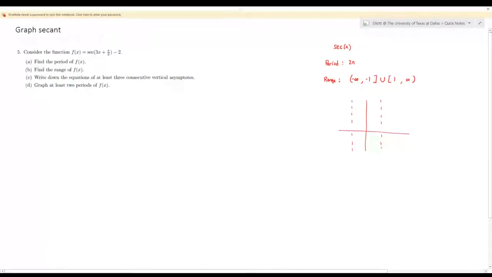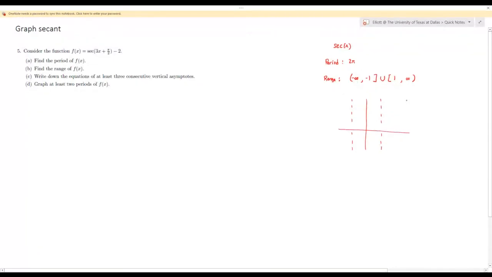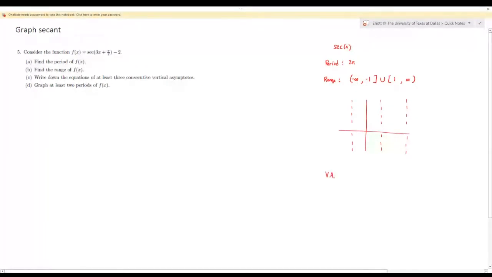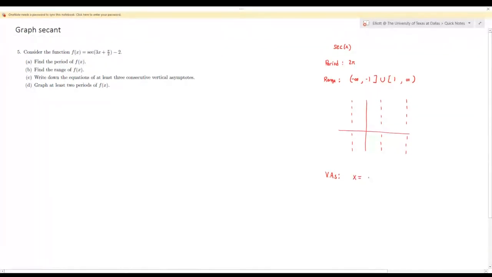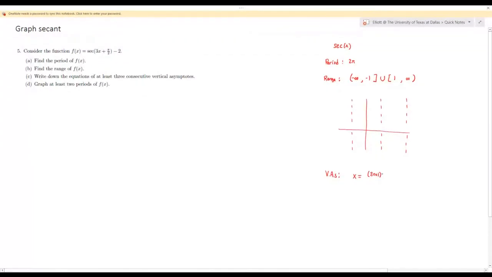It has vertical asymptotes at the same location as tangent. Okay. So all the vertical asymptotes of secant are at all the odd multiples of pi over 2.